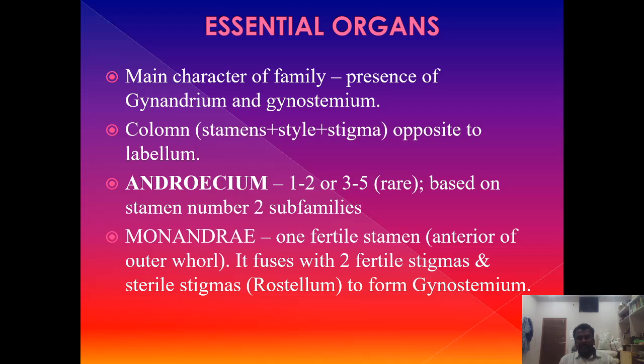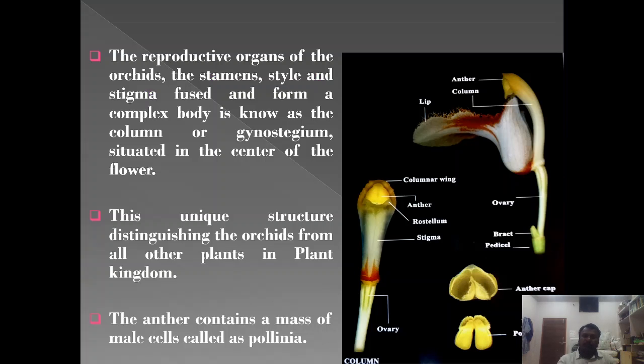In some species, there are 3 to 5. Based on stamen number, the family Orchidaceae is divided into two subfamilies called Monandria and Diandria. Monandria means one fertile stamen. Diandria means two fertile stamens.